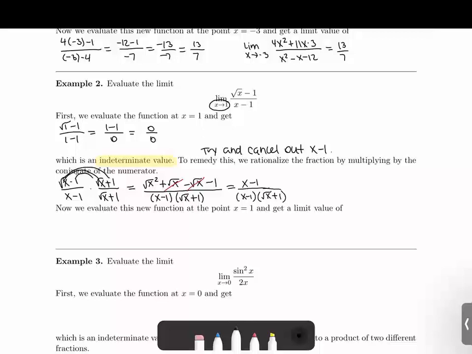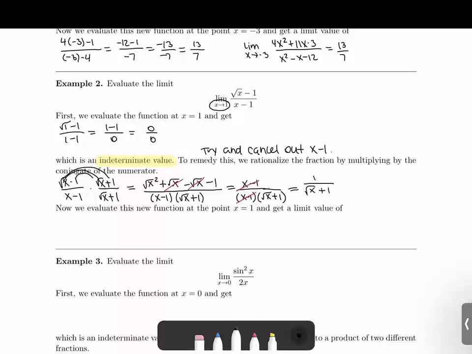And now, magically, I have an x minus 1 on top that's left over and an x minus 1 on bottom that I can cancel out. So whenever I cancel out factors on top and bottom, that's kind of the same thing as dividing x by itself. Or if it makes you more comfortable, we're really just dividing, for example, 2 divided by 2, and that's going to give us 1. So we're going to have a 1 left on top, and then a square root of x plus 1 in the denominator.